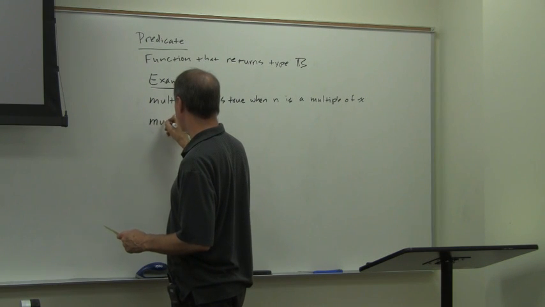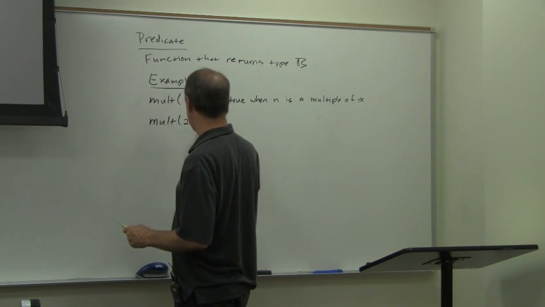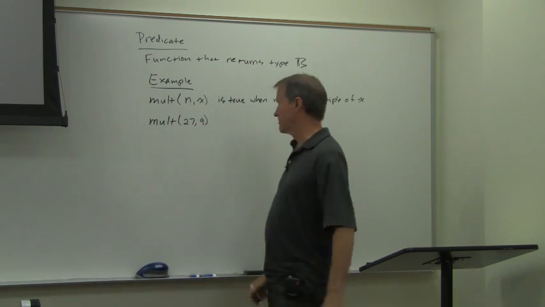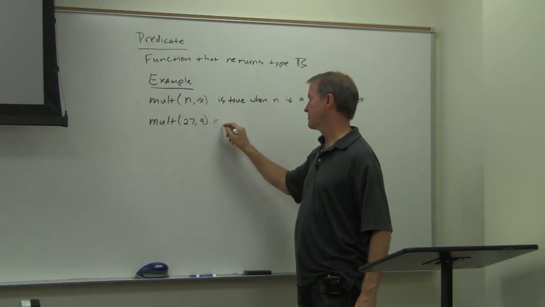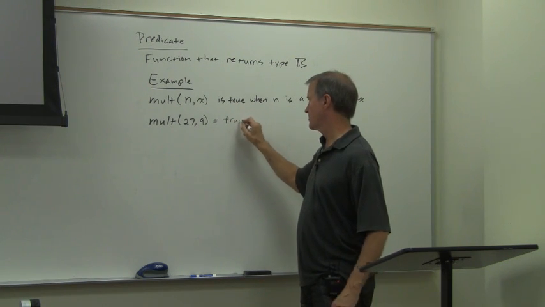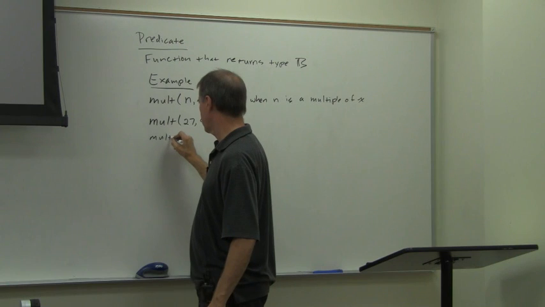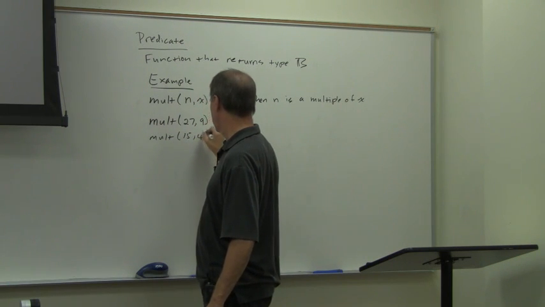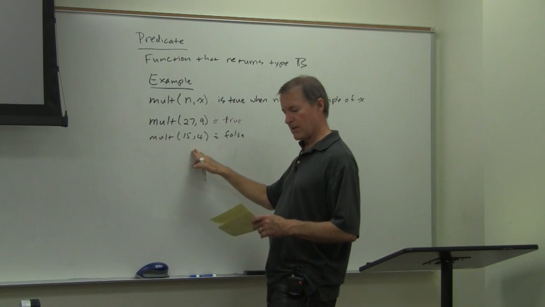A few examples. Mult 27, 9. What does this equal? True. And what about mult 15, 4? That equals false, because 15 is not a multiple of 4.